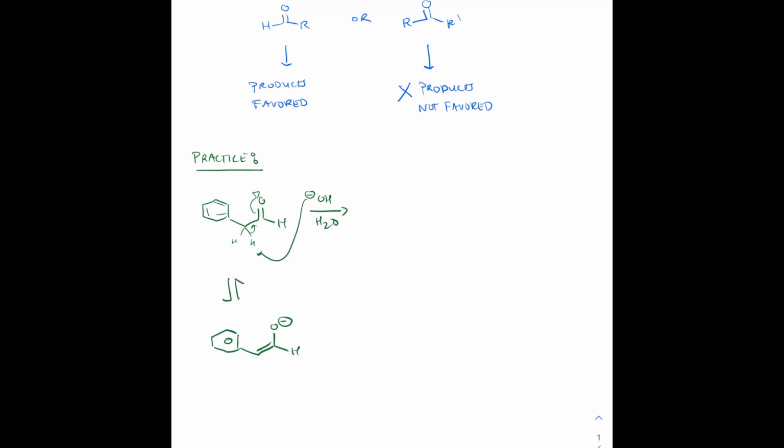So let's take a look at an example. We have this particular aldehyde here. We remove the alpha hydrogen to form the enolate, and this enolate reacts with another molecule of itself. I've abbreviated the benzene ring in two different ways.